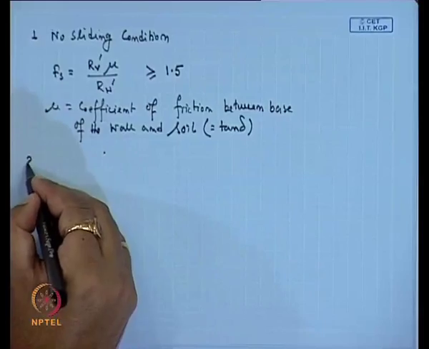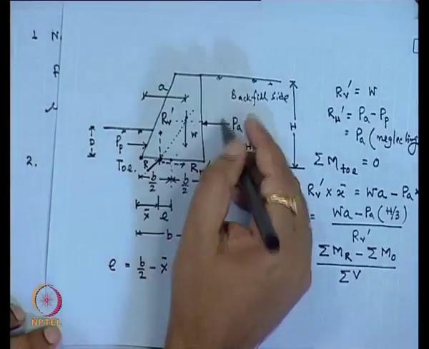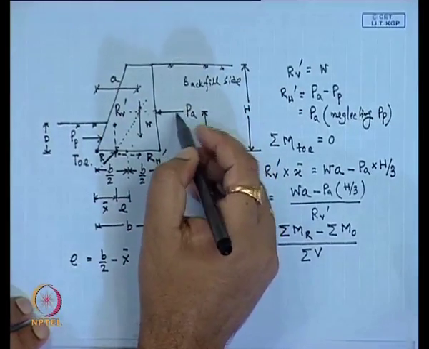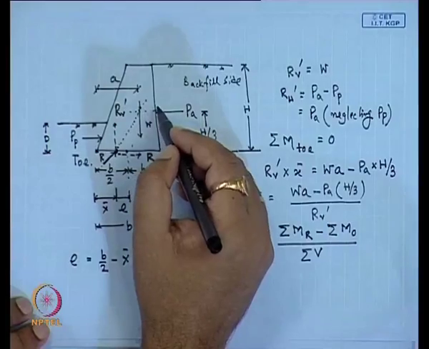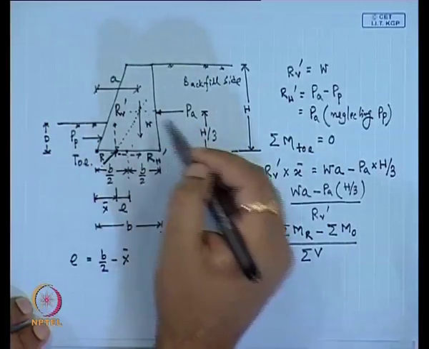Next one is overturning, the no overturning condition. Because of this P a force, it will overturn this retaining wall, and this weight will resist this overturning force.